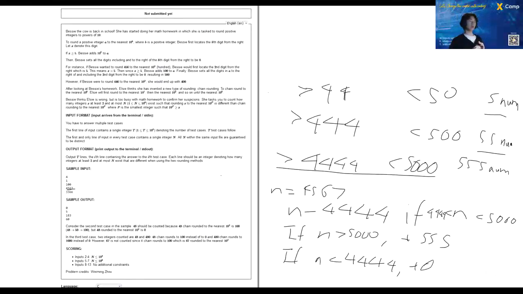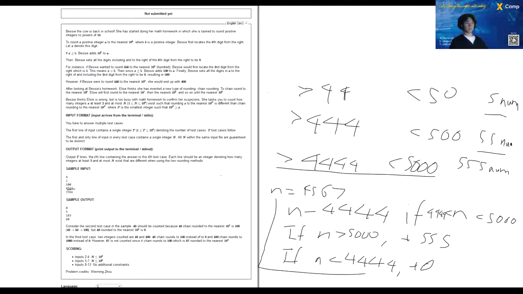To actually code this problem, there are different ways. One way is to compare n to 44, then 444, then 4444, and so on, while also comparing with the 5000 numbers. So we loop up, increasing the number of 4s by 1 and the number of zeros in the 5,000 every time, and keep computing these 3 operations.